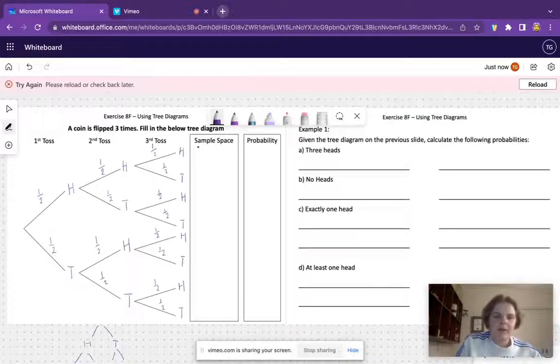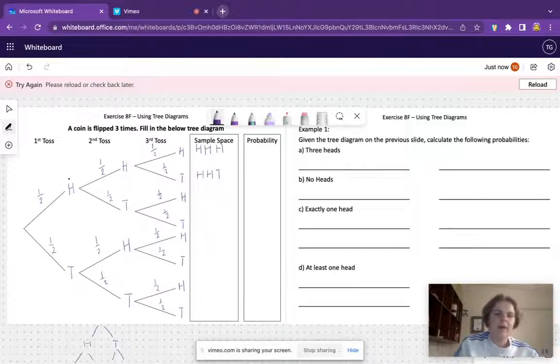Now we're going to go along the branches and list our sample space. This first option is head, head, head. And we've got head, head, tail. I might calculate our probability as we go. So you multiply each branch. I've got 1/2 times 1/2 times 1/2.